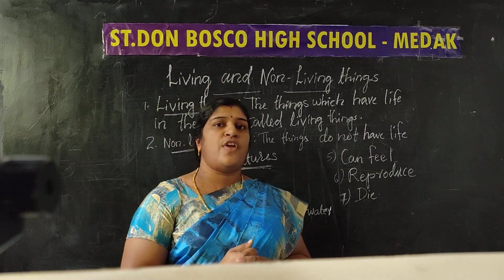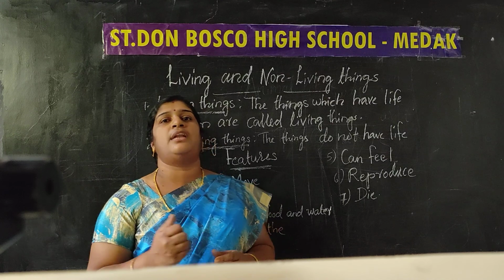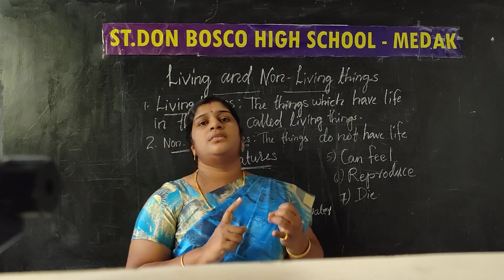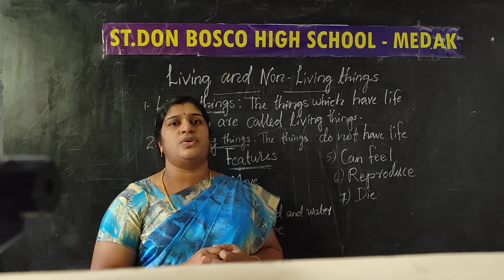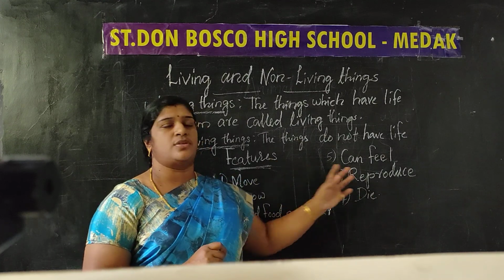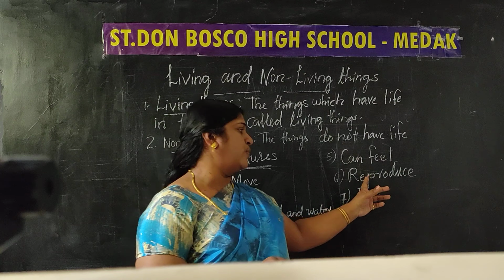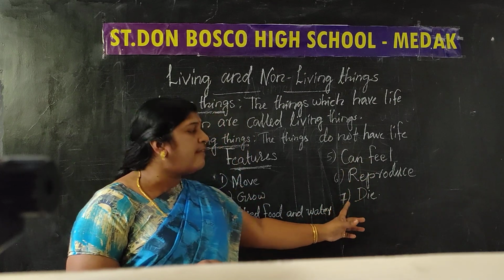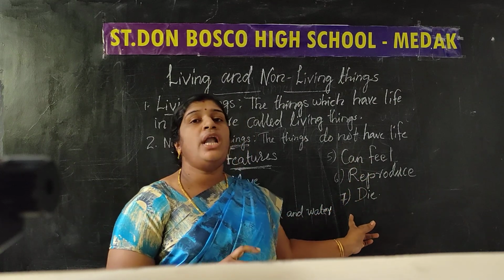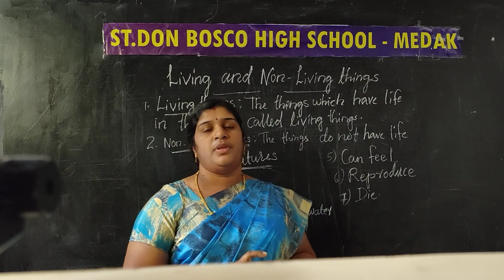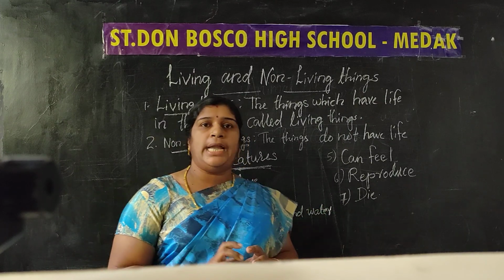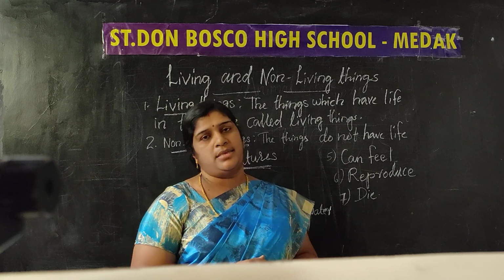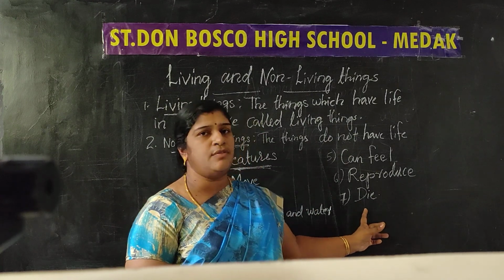Plants reproduce from seeds or other vegetative parts like stem, leaves, roots. Understood? So that is reproduction. Next, that is the seventh feature. What is it? All living things die. All living things live for a time and then die. So this is the last feature.